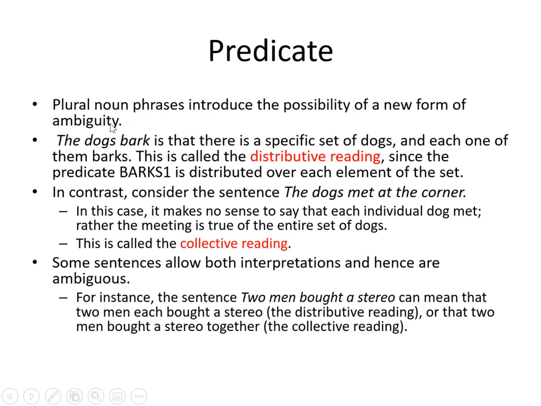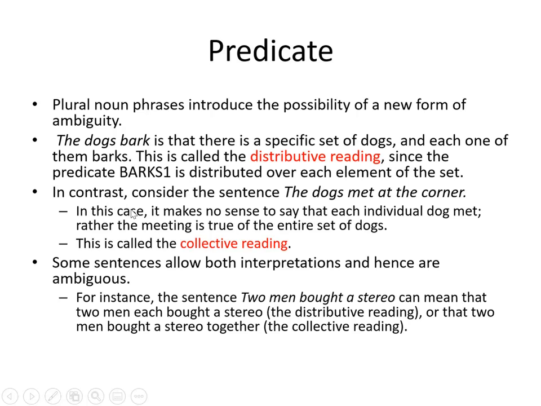But with this plural you can have two types of ambiguities. When you are saying the dogs bark, there is a specific set of dogs and each one of them barks. This is called a distributed reading: a set of dogs are there and all are barking, since the predicate barks 1 is distributed over each element of the set.